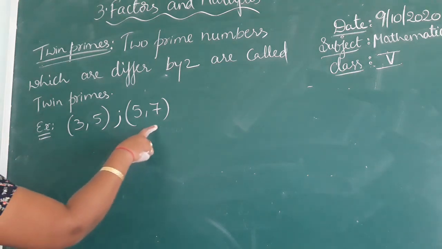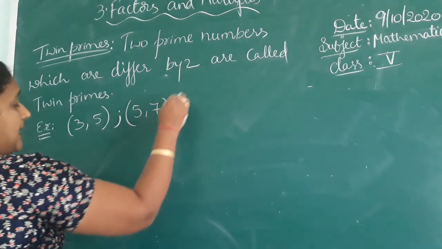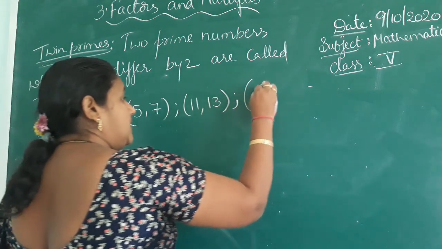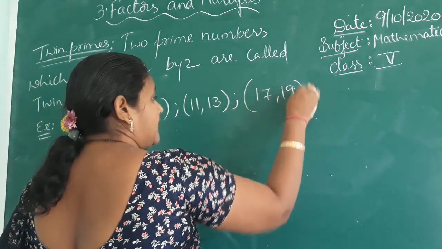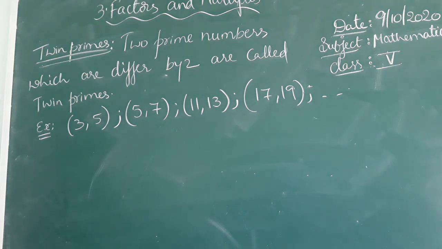Here 5 and 7 are both prime numbers, and the difference is 2. Next 11, 13, 17, 19. Like that you can write the pairs of twin primes. So the prime numbers should be consecutive and the difference should be 2. That type of prime numbers are called twin primes.